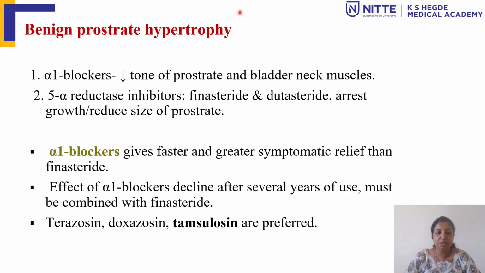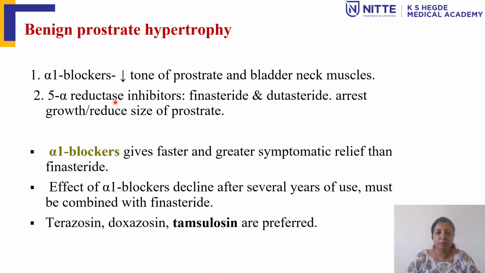The next indication is benign prostatic hypertrophy. In BPH, there is an increase in the size of the prostate as well as an increase in the tone of the prostate and bladder neck muscles. There are two types of drugs which can be used. First is the alpha 1 blocker, which can decrease the tone of the prostate and bladder neck muscles.